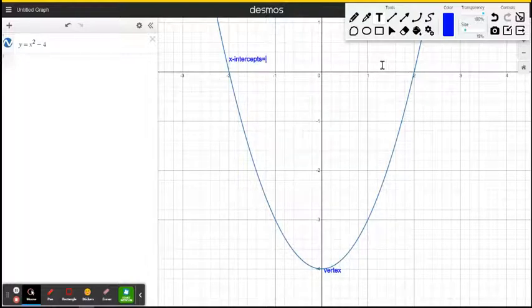The x-intercepts are also known as the solutions of your equations, okay? And they are also known as the zeros of your function, and I should say they, because you have 2 of them here. They're also known as the roots of the function. Okay, so these 4 different words actually mean the same thing.